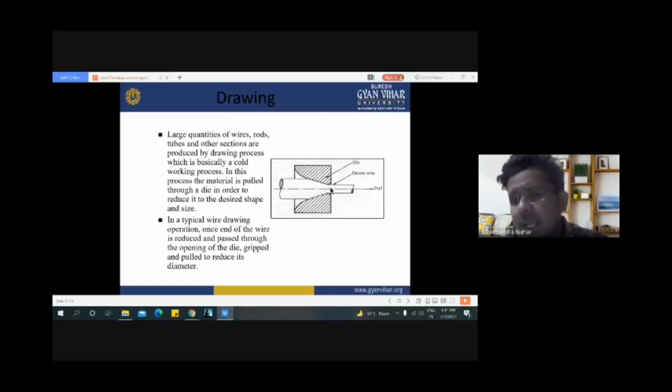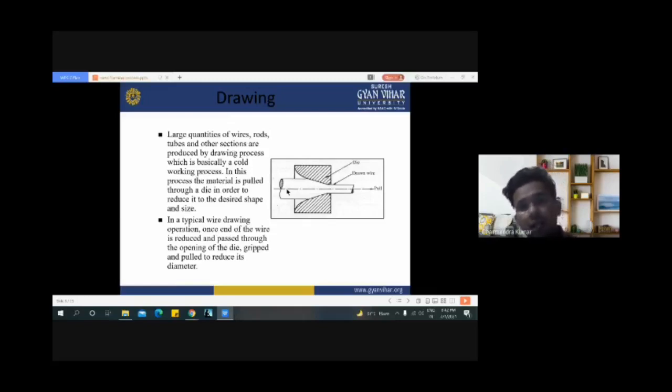We have seen that in the extrusion process, one ram is used on the outer side of the arrangement, and we apply the total force on the ram to extrude the material from the die or cavity.